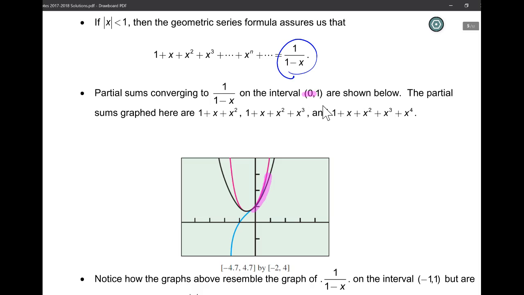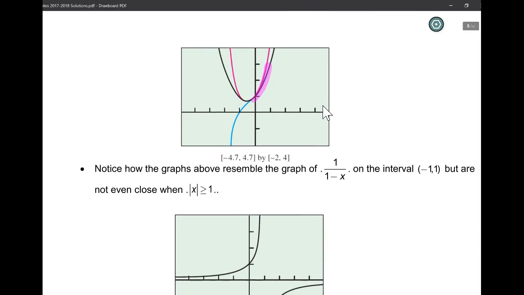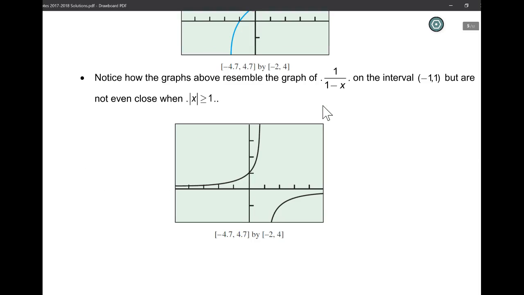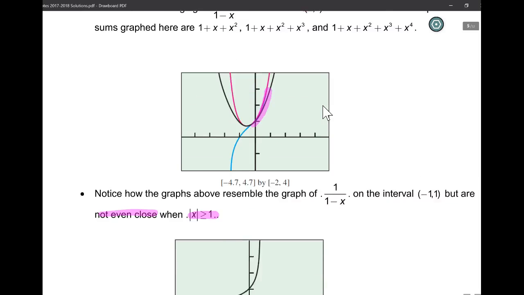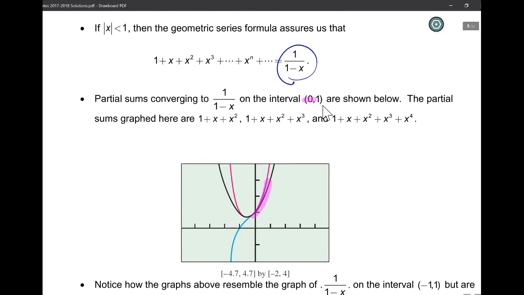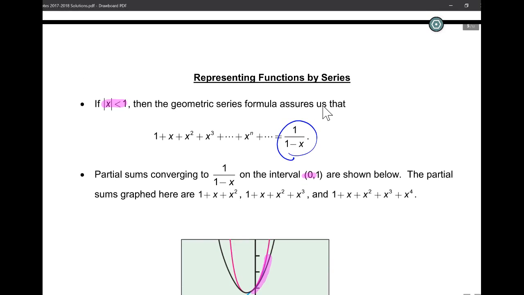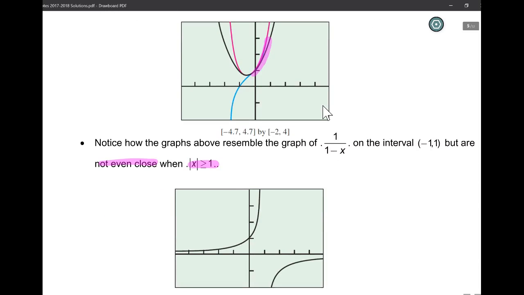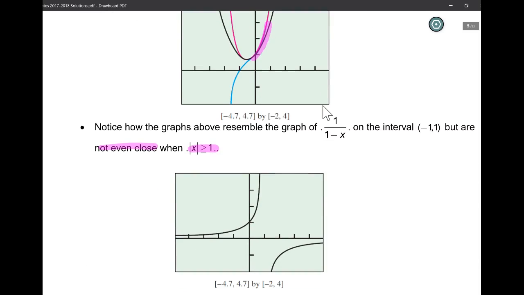They're getting closer and closer. And then when x is greater than or equal to 1, the values are not even close. So basically what we want are values of x where the absolute value of x is less than 1. Okay.